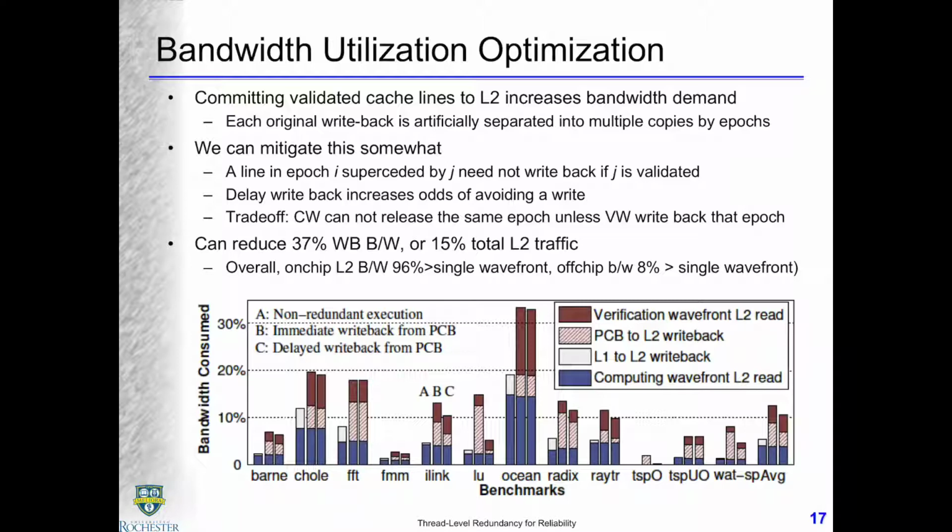There are 3 bars that I'm showing from left to right. They're non-redundant execution, redundant execution because of BCB, and some optimized version. Okay, so if you compare this guy over here, that's the amount of traffic you get if you run the program.